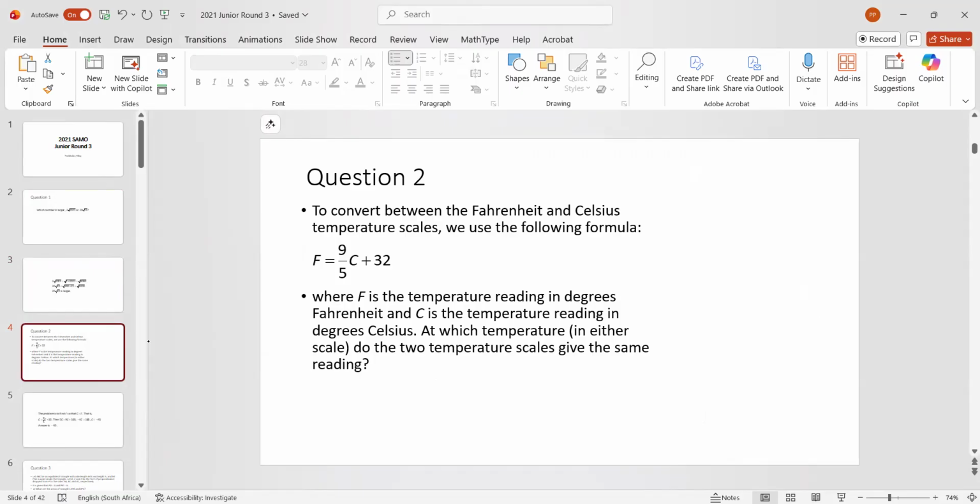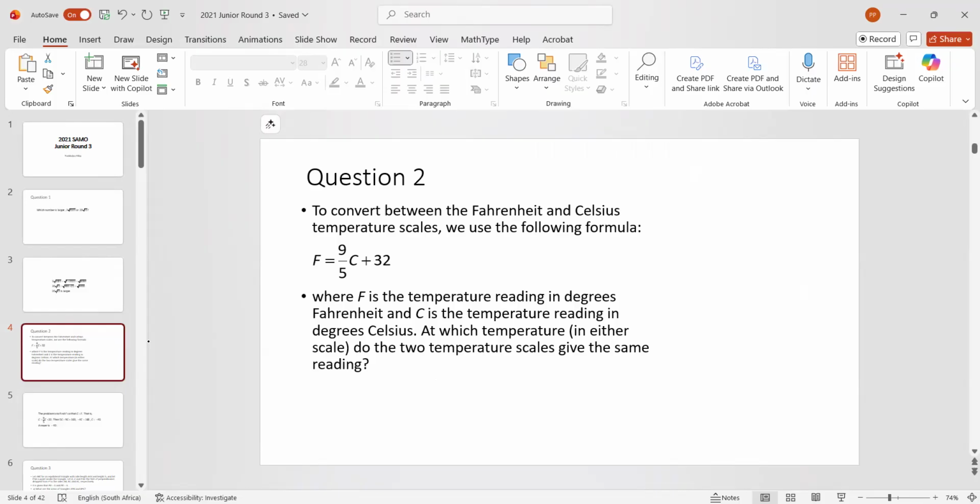I think Fahrenheit is still in vogue in countries like the United States, and maybe Britain. And there, the Fahrenheit scale is a little bit weird. The freezing point is 32 degrees and the boiling point is 212 degrees.